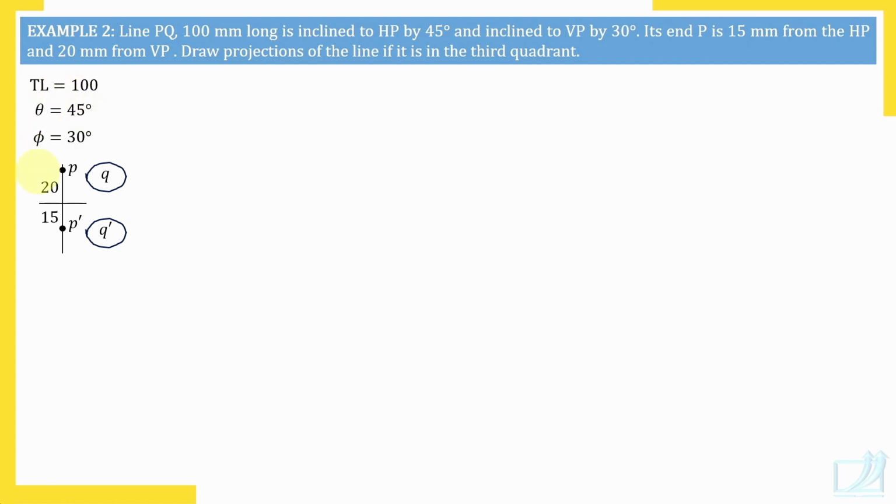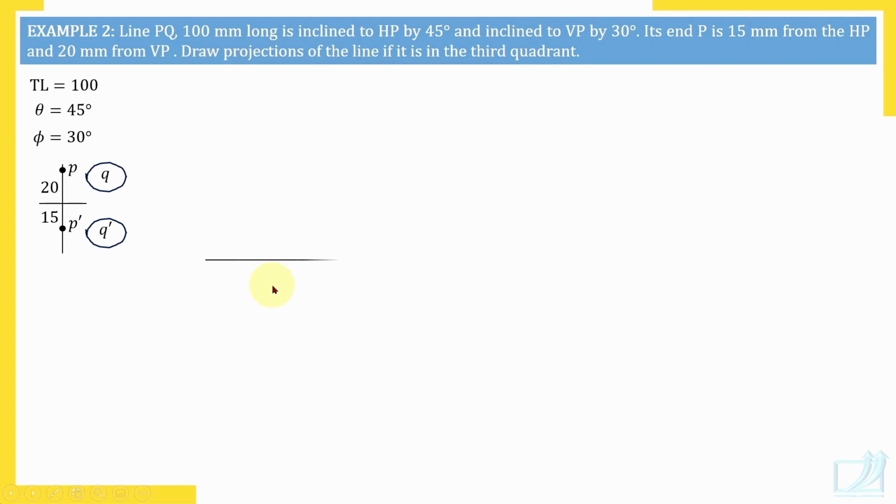If there are no 5 or more measurable details, then it means there is not enough information. Remember this, that is insufficient data case. So minimum 5 measurable details will be given to you when a line is inclined to both the reference planes. Very important to remember. So we'll proceed.